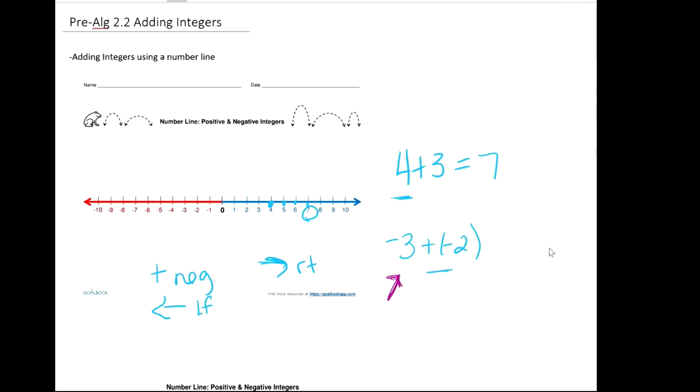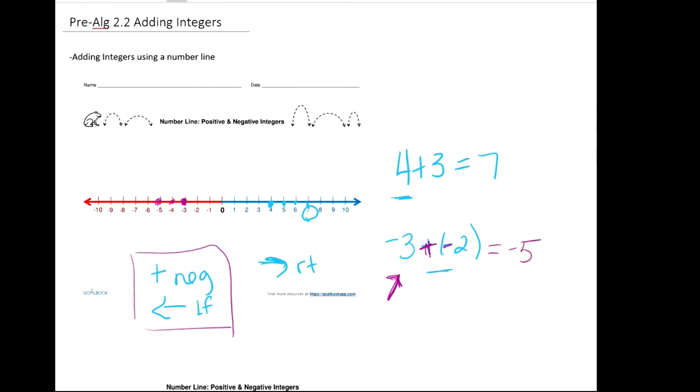So I'm going to find negative 3 on my number line. And in this case, I'm adding a negative 2. And when I add a negative, I move to the left. So I'm going to move to the left 2. 1, 2, which gives me negative 5.